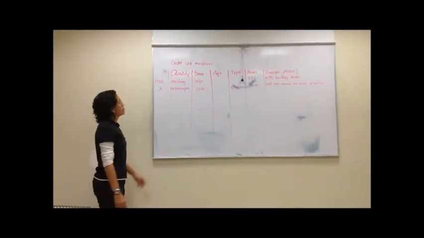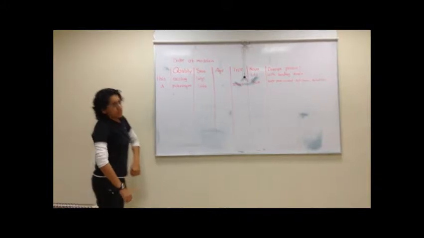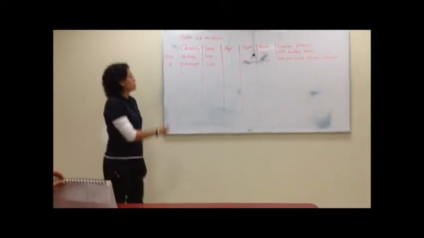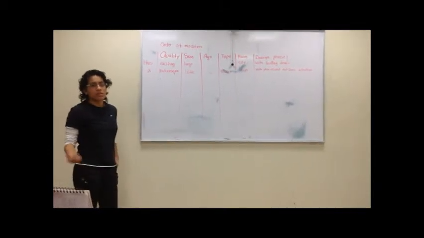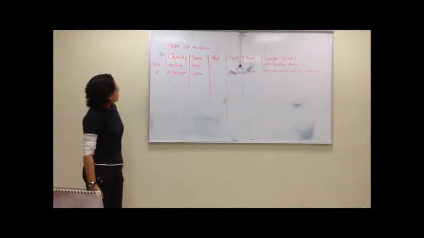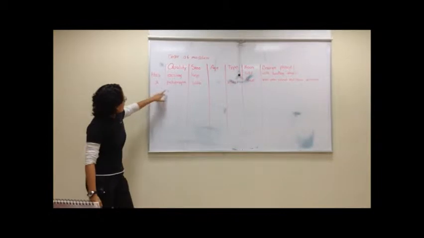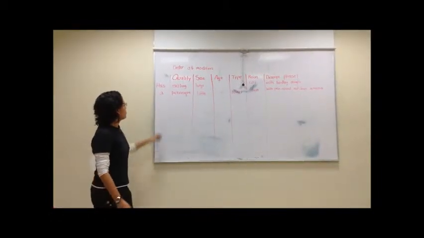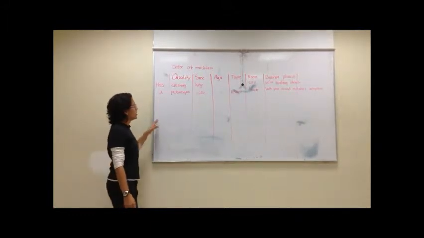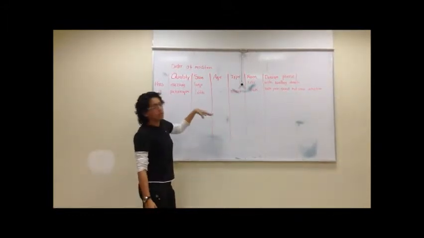And I talk about the order of modifiers. You need to follow this sequence or rule to describe a city or town, but it only applies in some cities or some towns, not all.